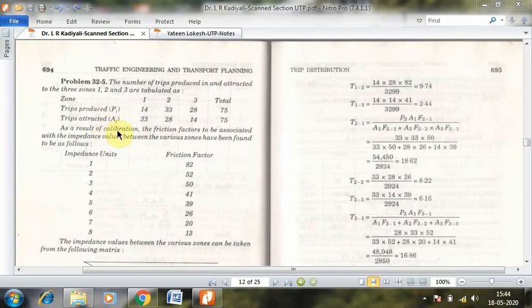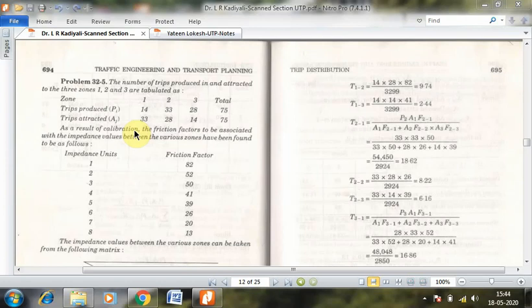Calibration is the process where you make the gravity model suitable to be used in the area where you are thinking of doing the transportation planning, especially the trip distribution. Whenever you are using a model, it has to be calibrated to the localized area before you start using the model. So model is nothing but a statistical equation.